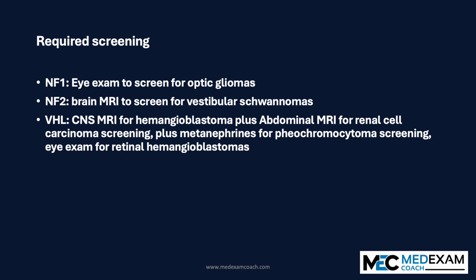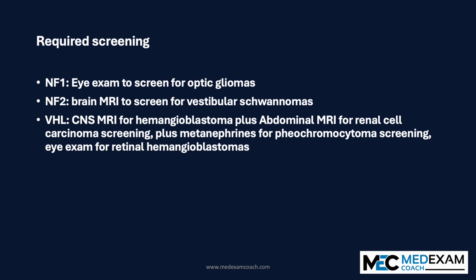Von Hippel-Lindau, the important lesions are hemangioblastomas, so CNS MRI, so brain and spine MRI, as well as screening for renal cell carcinoma, which is another source of morbidity for von Hippel-Lindau. By the way, hemangioblastomas are benign tumors, but again, the mass effect leads to a lot of morbidity.